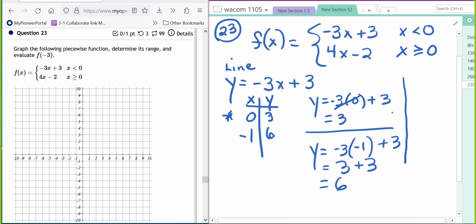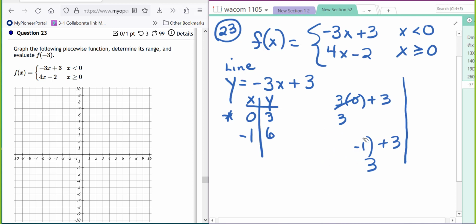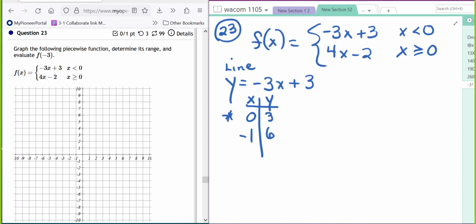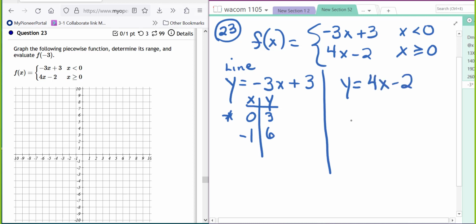I'm going to erase this where I worked, so somebody will have to watch the video to see how I got those points, if they're not here. All right, so for the other one, it is also a line. And so we want to use 0, and we have an equal, so it'll be a solid circle.